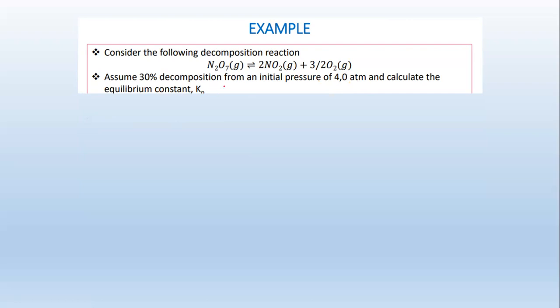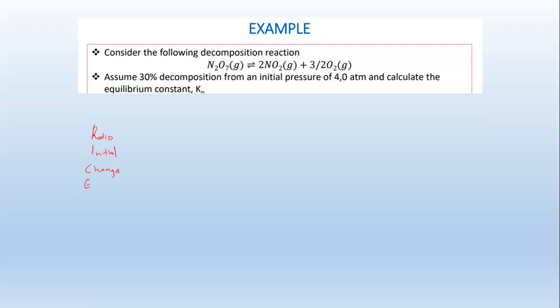So our RICE, but let us start with our chemical equation first. This is our ICE, or some call it ICE. And then for R, some call it reaction, but I call it ratio. And then here we have initial, everything initial. And then here we have change.